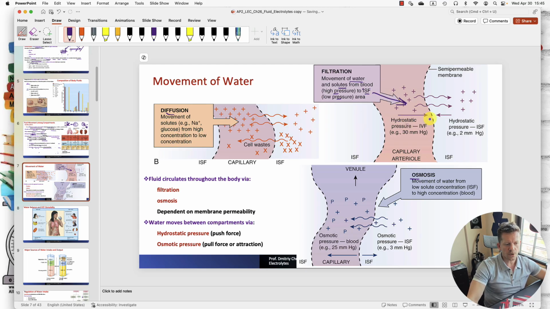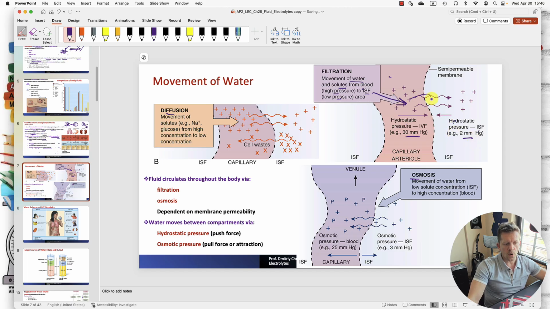Hydrostatic pressure, intravascular and in the interstitial fluid: the pressure is applied on the walls of the vessel. You're still going from high pressure to low pressure, from 30 millimeters of mercury to 2, so it's easier.